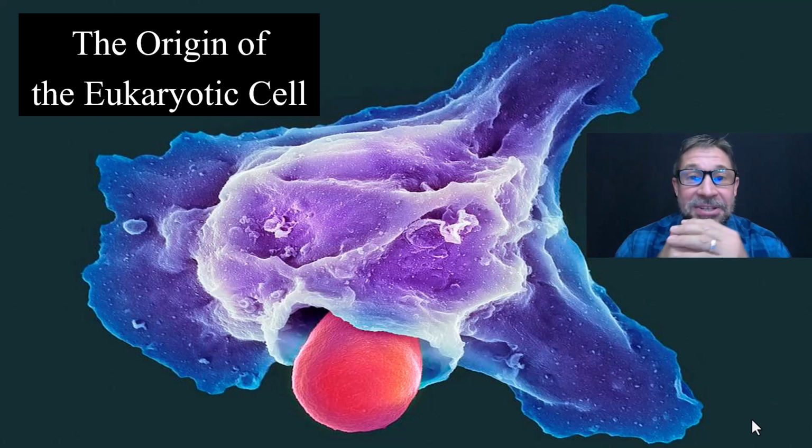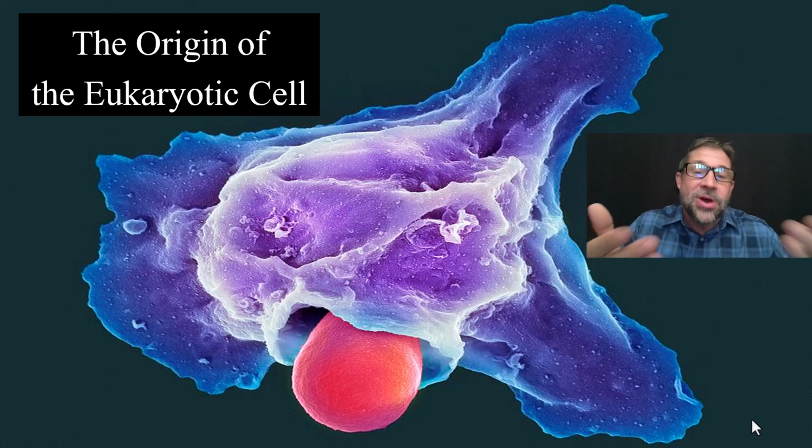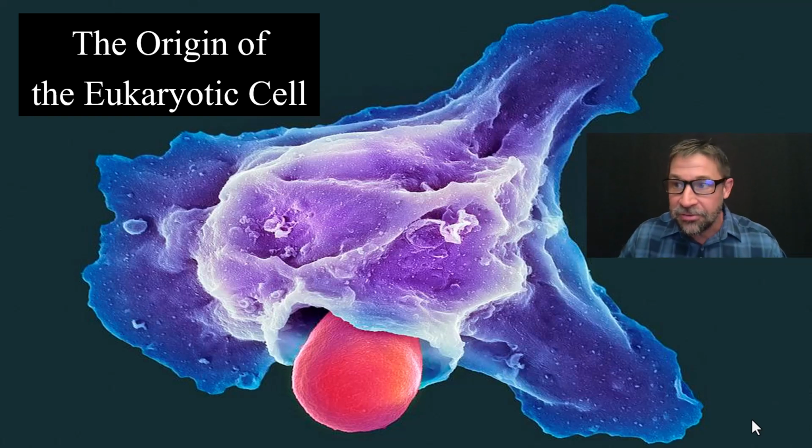So, in Learning Activity 7.2, I'll be describing the evolution of the larger, more complex eukaryotic cell, the cells in which you and I are composed of. Of course, not only animals, but protists, plants, and fungi are all composed of eukaryotic cells.